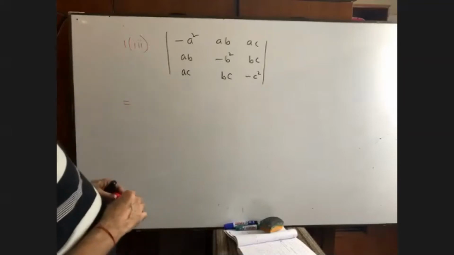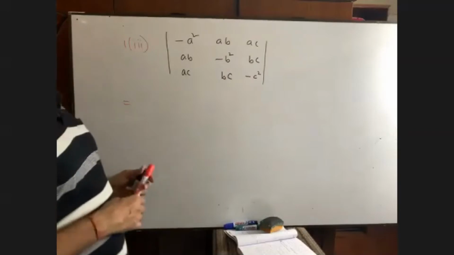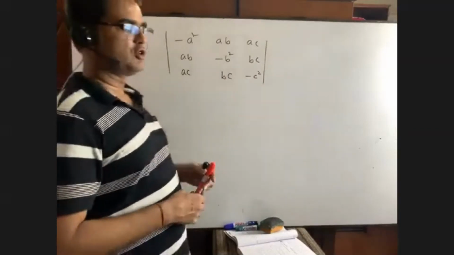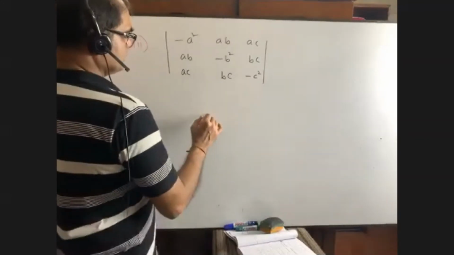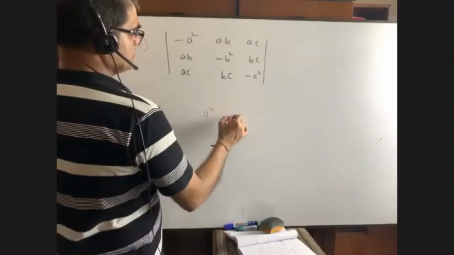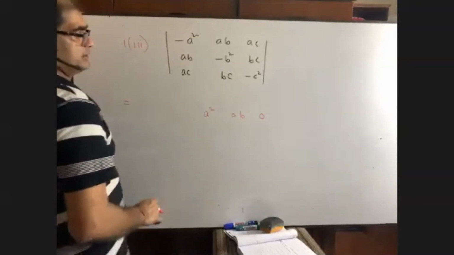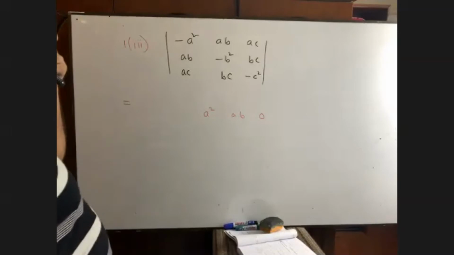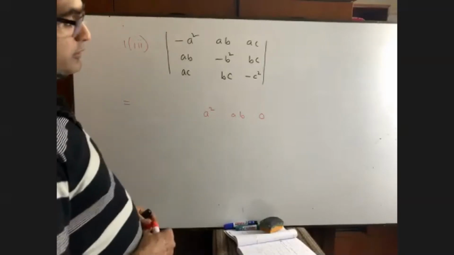in this determinant, math of determinant, if you take something common, that is to be taken common from all. Suppose we are getting here, at example I am giving you, suppose it is A square, suppose it is AB, it is 0. There are 3 terms here. Is there any common here? Yes, sir.